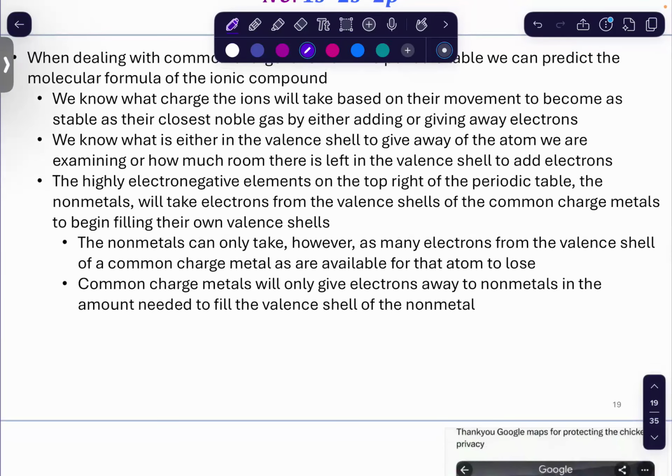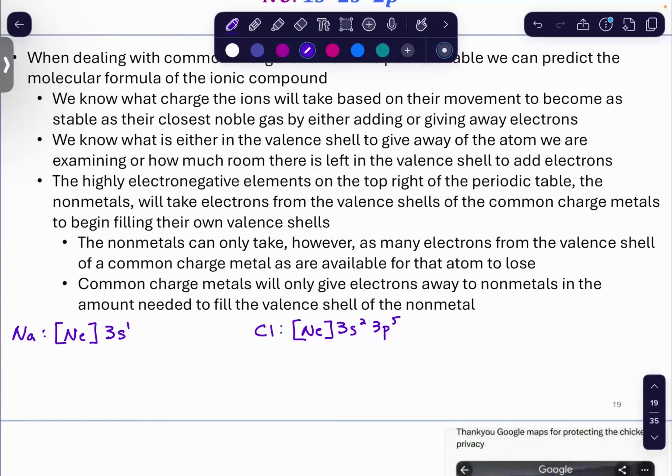Okay, well, if you look at sodium, sodium has its valence at 3s1, and it's going to want to give up that valence to go back to being isoelectronic with neon. And chlorine, that 3p5 has a spot open.